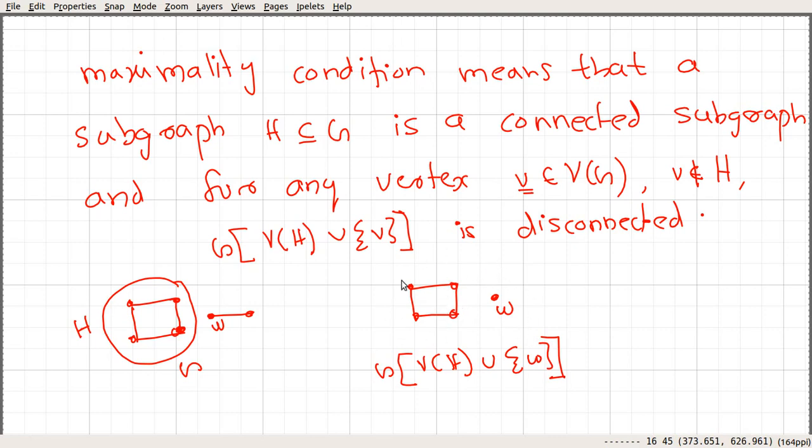That's what we meant by a maximal connected subgraph. If you add one more vertex that doesn't belong to that subgraph, it will be a disconnected one.